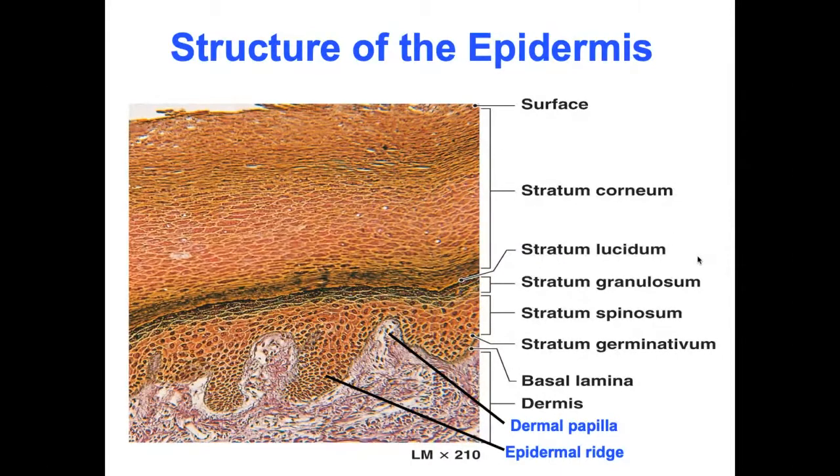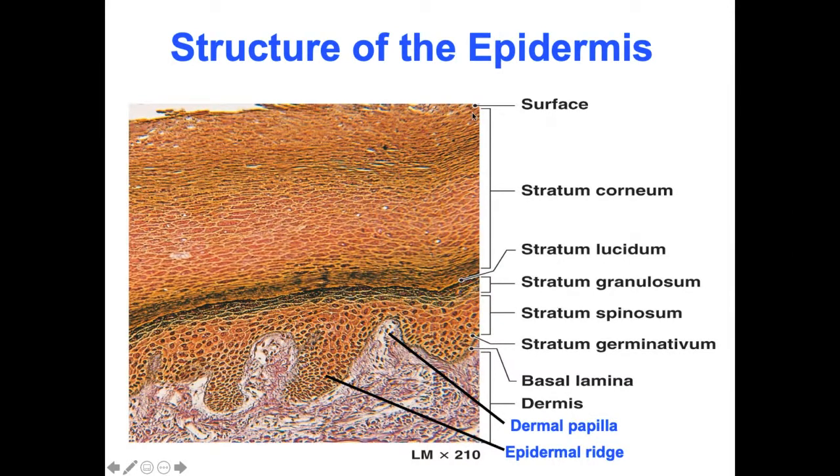Then you have the stratum granulosum. It's a grainy, granular layer. It does produce some oils. The stratum spinosum is very spiny looking. And the germinativum here, this germinative layer, this is where your stem cells are. And these cells multiply and divide, and they push upward.